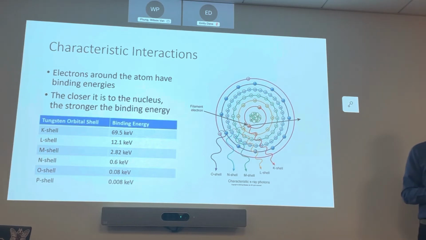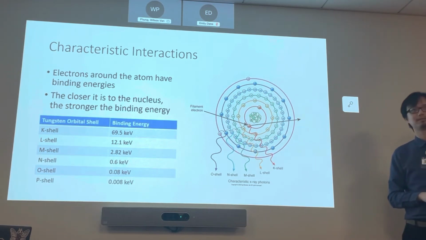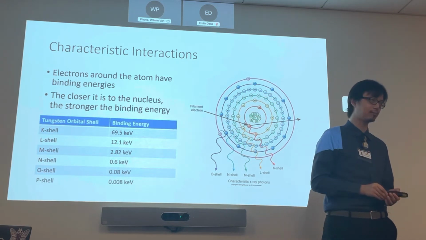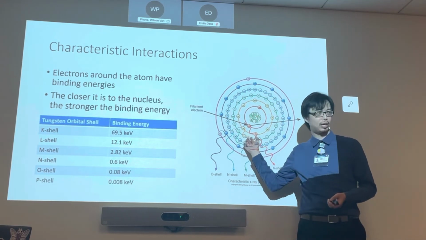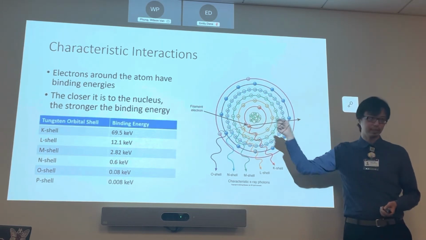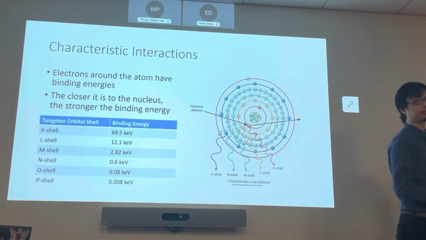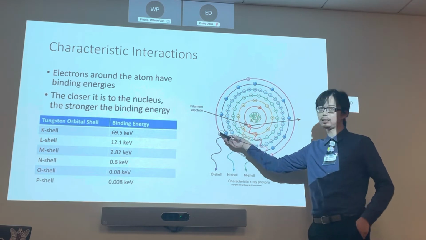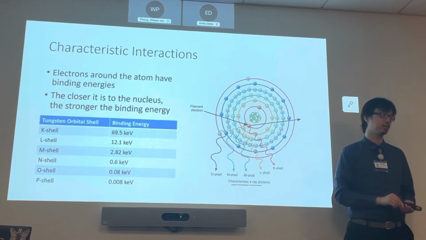It's the same thing as with the Compton scatter. Very similar concept here. So, innermost shell, you're going to need a lot of money to kick that electron out of its home, right? Outermost shell, you're not going to need that much money to kick it out of its home.